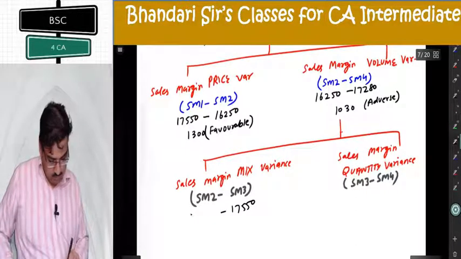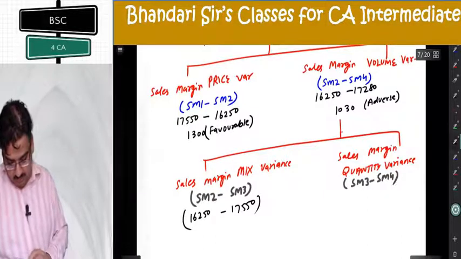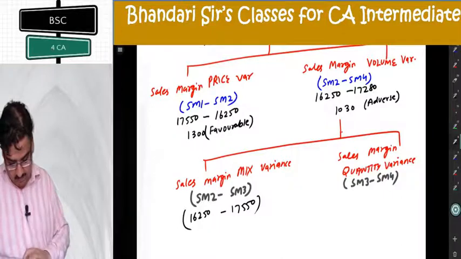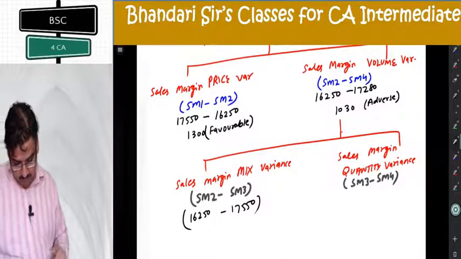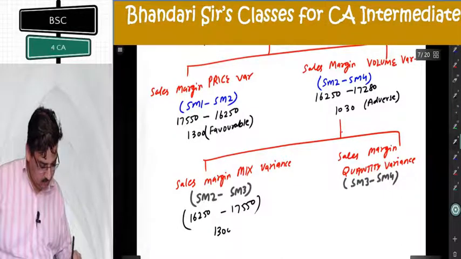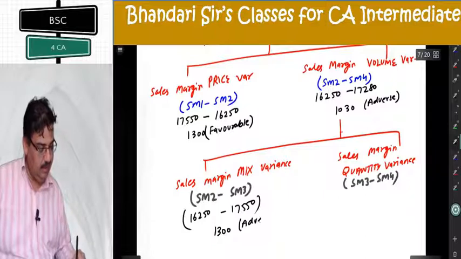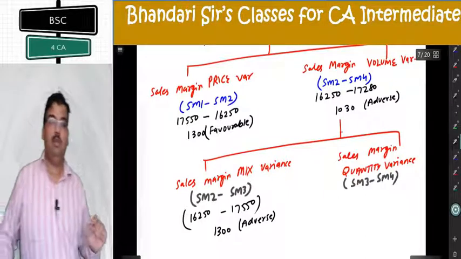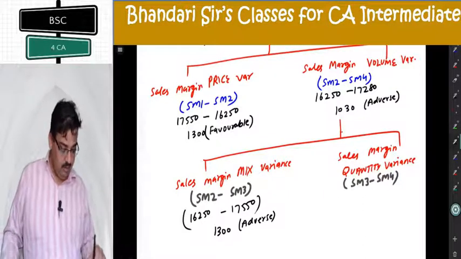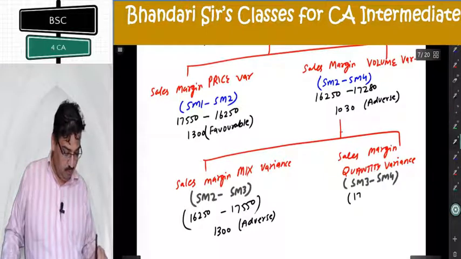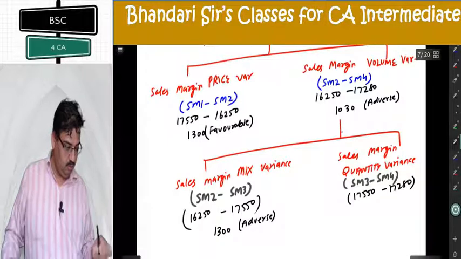SM2 was 16250. So once I calculate 16250 minus 17550, I'm getting 1300 adverse. If I get negative, it is adverse. If I get positive, it is favorable. SM3 minus SM4, 17550 minus 17280.